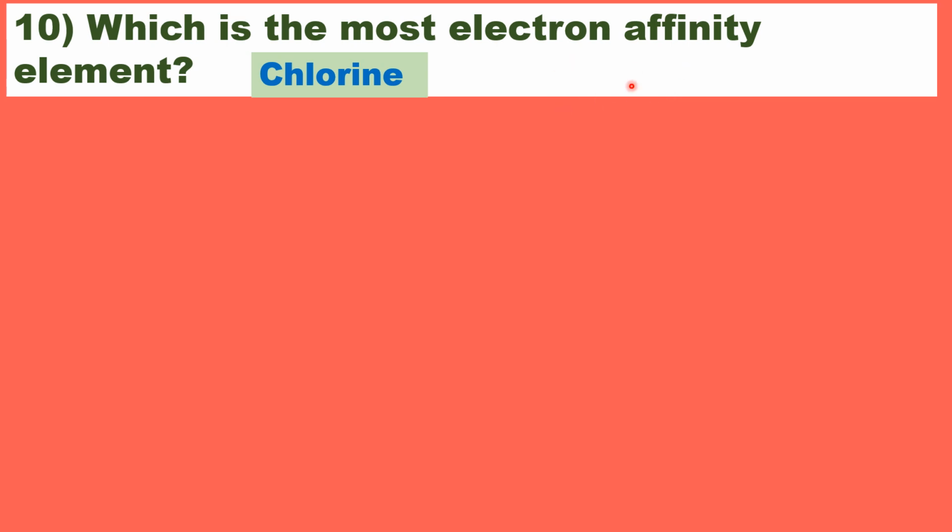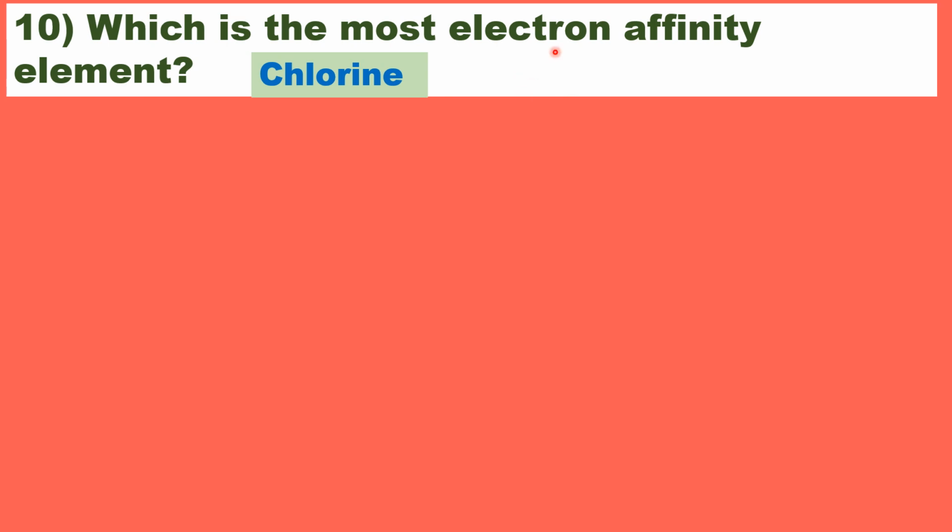Fluorine cannot accept an electron easily, whereas chlorine can accept an electron because of the presence of vacant d orbitals where the electron can delocalize. So there is no interelectronic repulsion in chlorine.